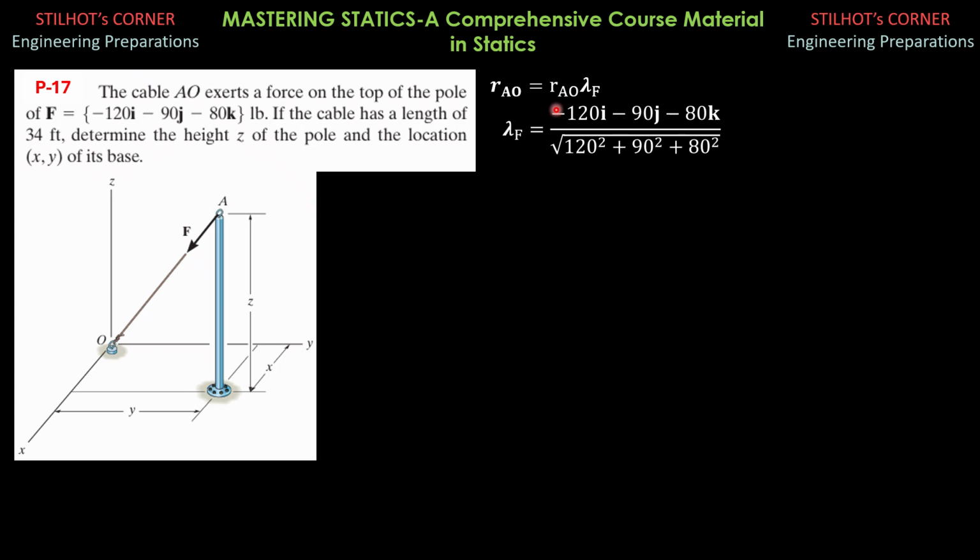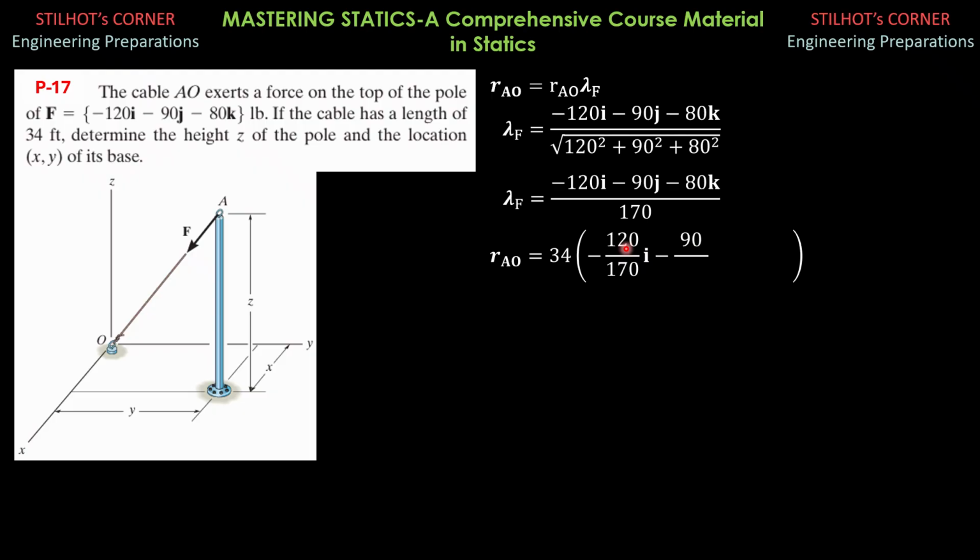So RAO is 34 feet times the unit vector of the direction, which is also the unit vector of the force. Simplifying, the unit vector of the force is negative 120i minus 90j minus 80k over 170. We then multiply that by 34. RAO equals 34 times negative 120 over 170 i minus 90 over 170 j minus 80 over 170 k.